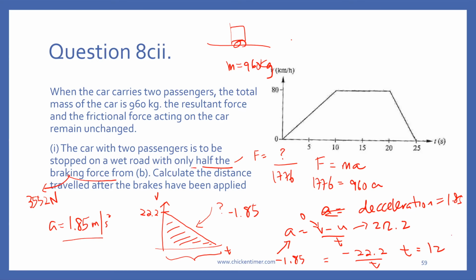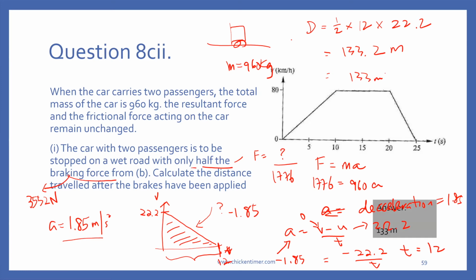So that means it takes 12 seconds. Then your distance? Distance will be half times base times height, half times 12 times 22.2, like that, right? 133.2. So if you round to 3 significant figures, that'll be 133. Okay, that's all.